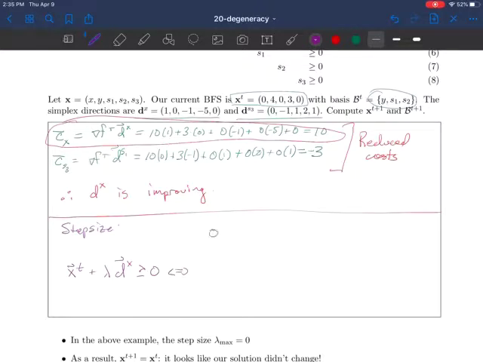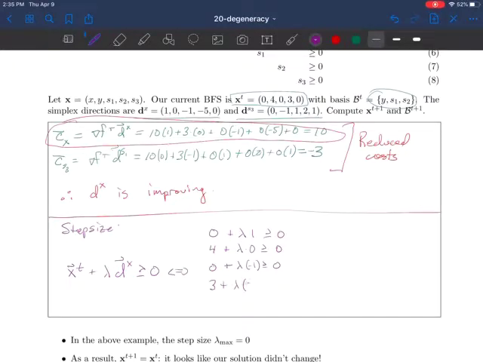This is the same way as saying that, let's see, it's 0 plus lambda times d, which is 1, has to be greater or equal to 0. So that's not even going to be a factor. It'll have 4 plus lambda times 0, greater or equal to 0, so that's not going to be a factor. It's going to have 0 plus lambda times negative 1 is greater or equal to 0. So that's going to be an issue because of the negative 1 there.